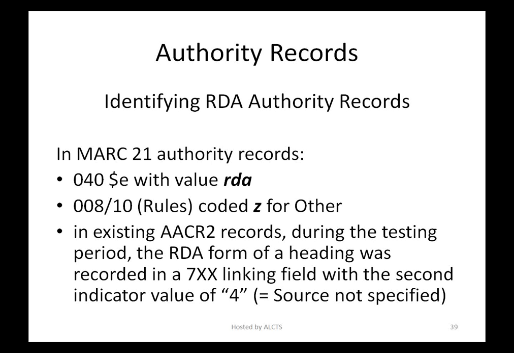There are likely to be certain categories where we will accept the AACR2 form even though it's not the actual RDA form, but it's good enough, compatible enough. And additional RDA elements could be recorded separately in the newly created MARC fields available for them without actually having to be added to the authorized AACR2 access point. So just stay tuned for further news from Library of Congress and PCC about this.